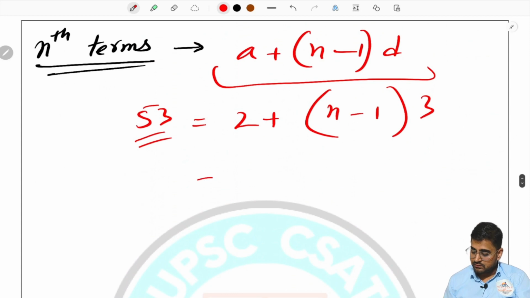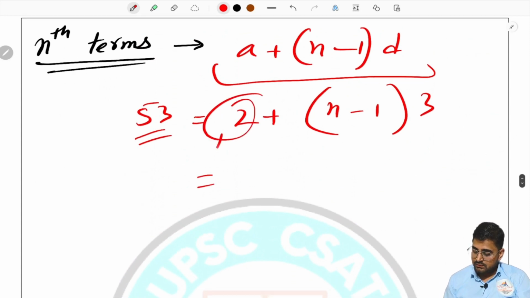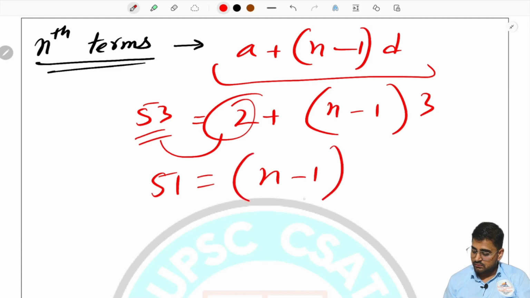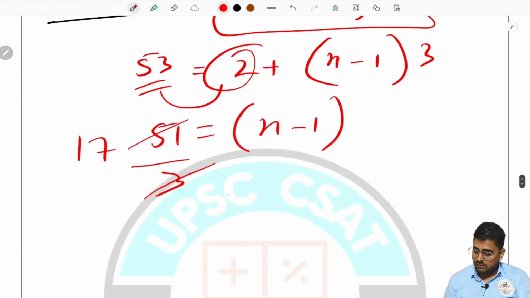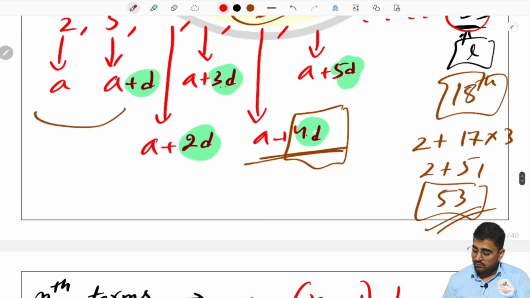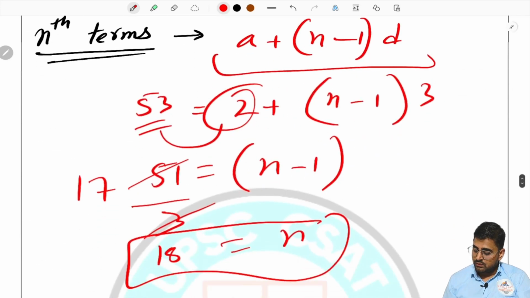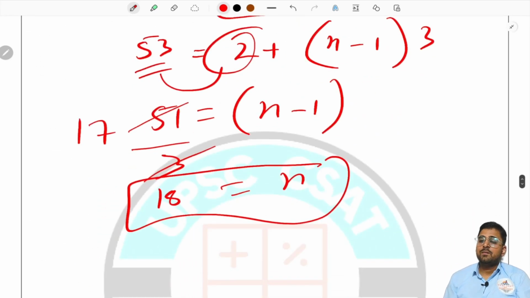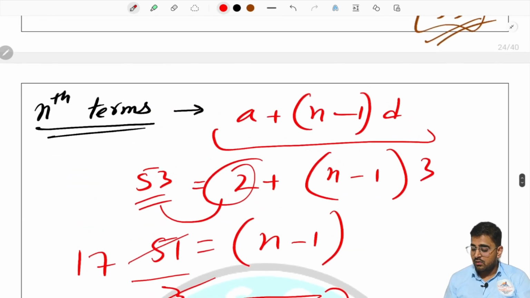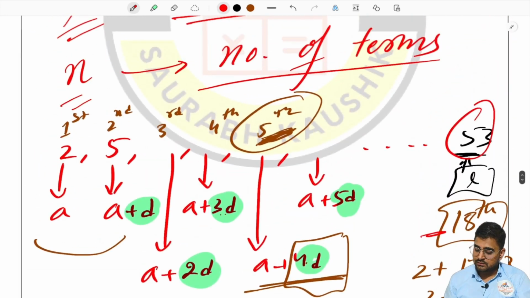So let us solve this question. It becomes 51 equals n minus 1 into 3, 3 times 17 is 51, so n minus 1 is 17, and then n is equal to 18. So the same thing comes, the 18th. There are 18 terms in the series. That's how you have to solve things.